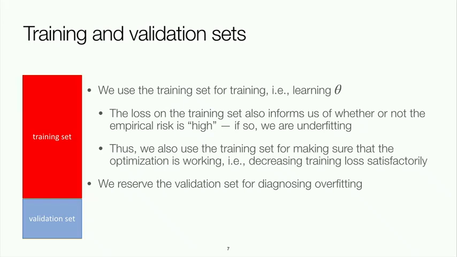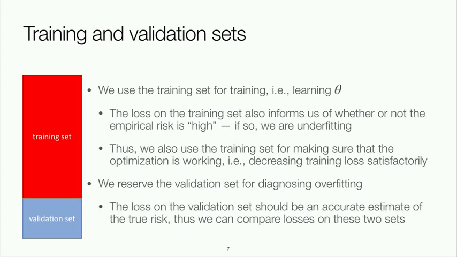And then we reserve the validation set for diagnosing overfitting. How do we do this? Well, the loss on the validation set should be an accurate estimate of the true risk, because we didn't use it for empirical risk minimization. So if I have the loss on my training set, which is my empirical risk, and I have the loss on my validation set, which should be a good estimate of the true risk, then I have the two pieces that I need in order to diagnose overfitting.